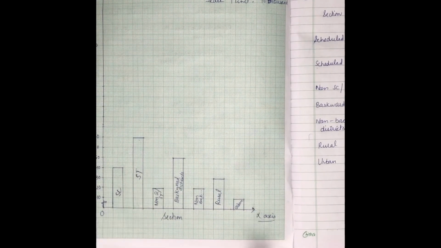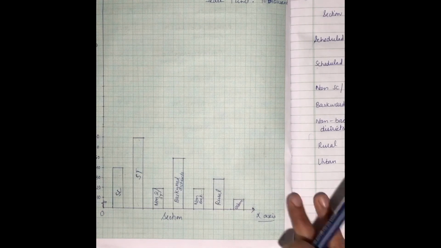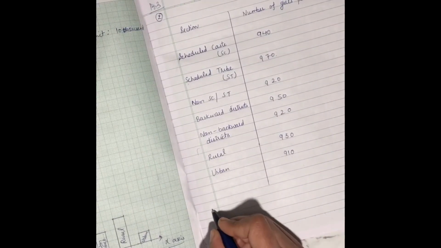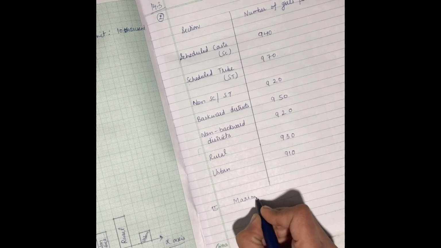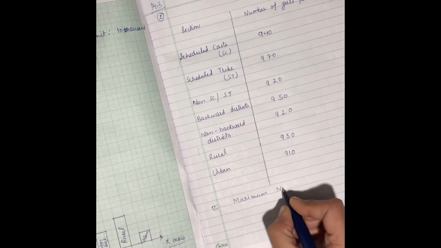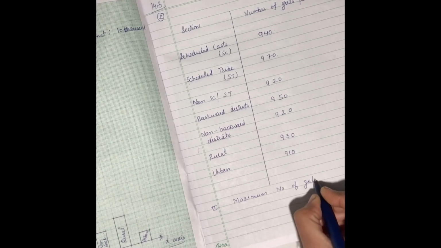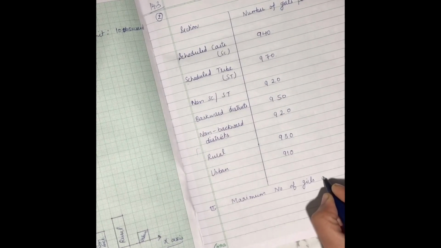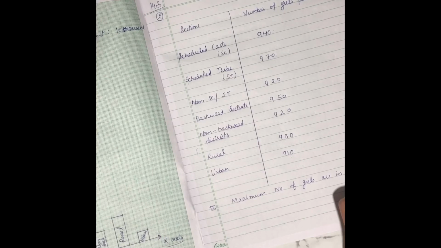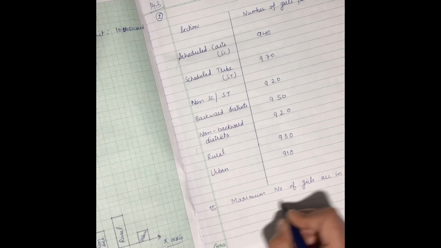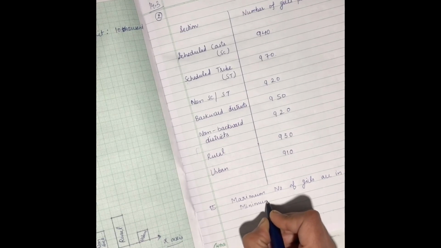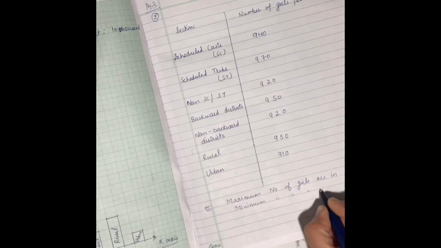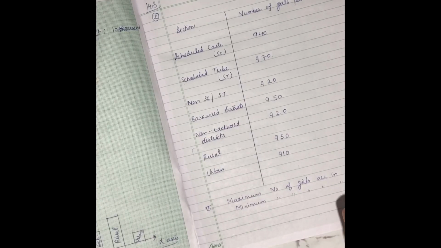Therefore, in the second part, the maximum number of girls per 1000 boys is in the ST section and the minimum number of girls is in the urban section.